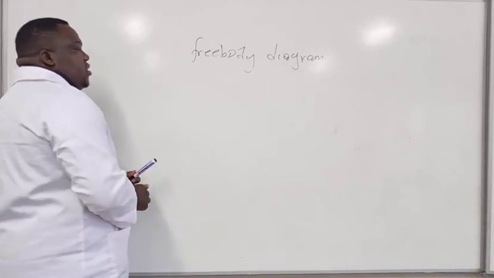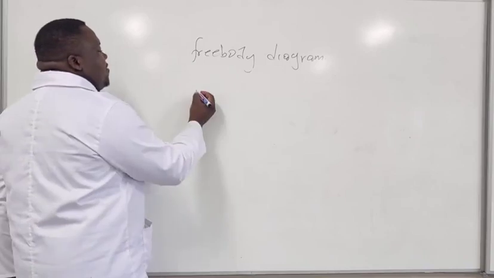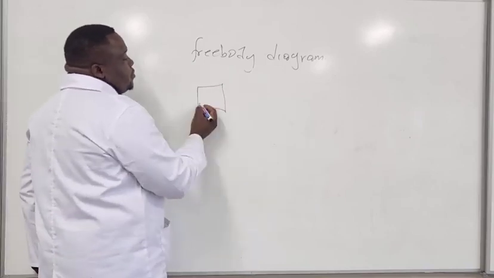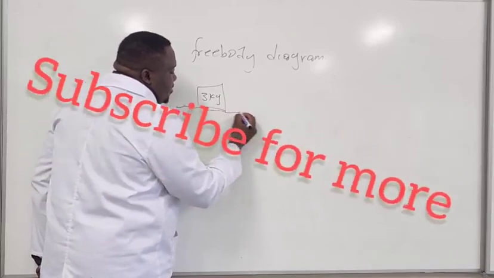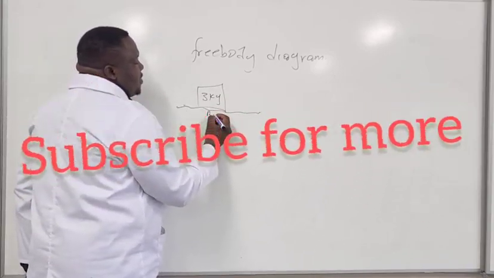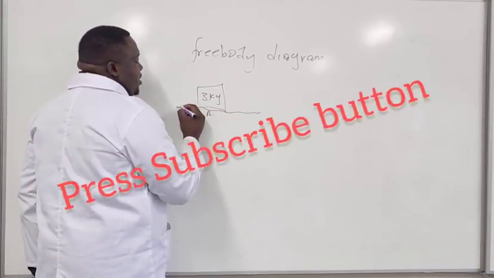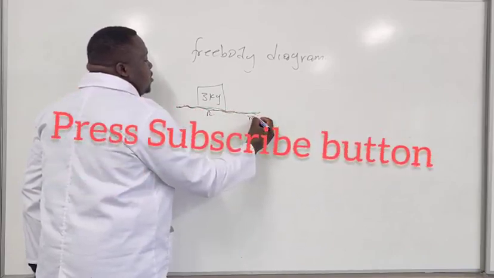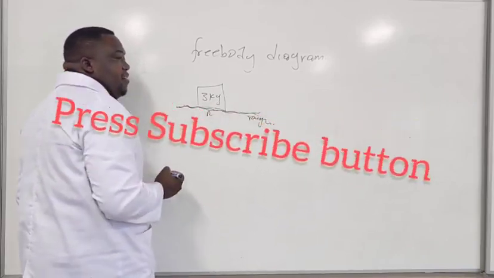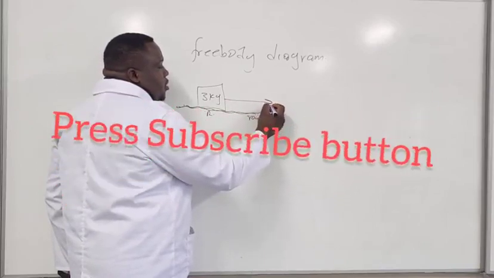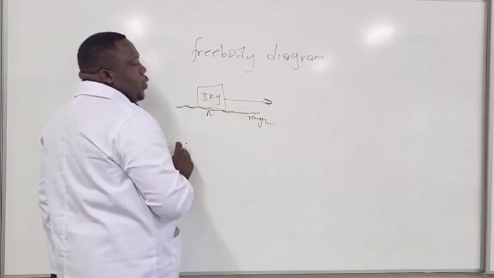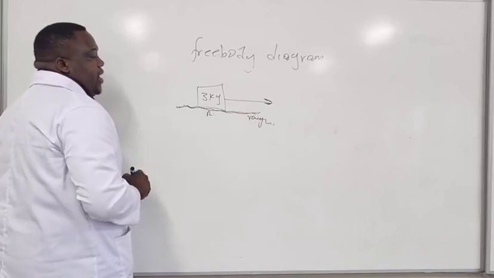Okay? Let us start. Let's say we have an object of 3 kg which is on a rough surface. The surface is rough. The object is being pulled to the right.